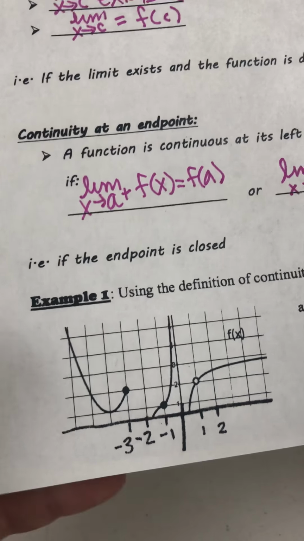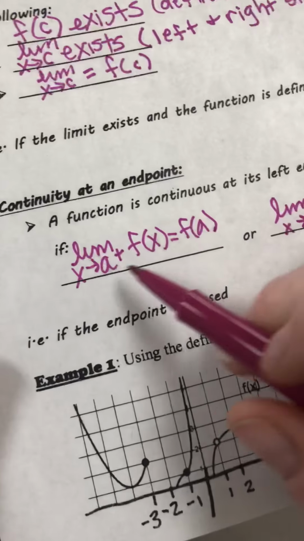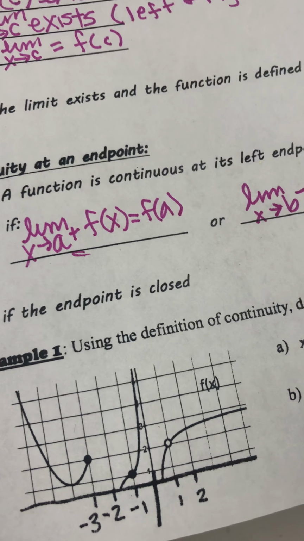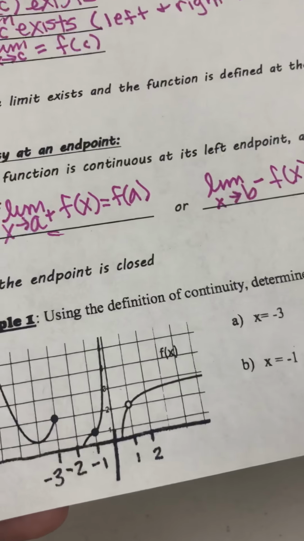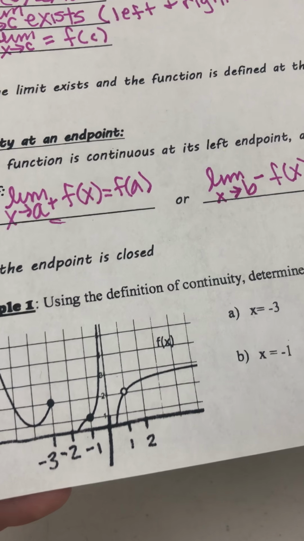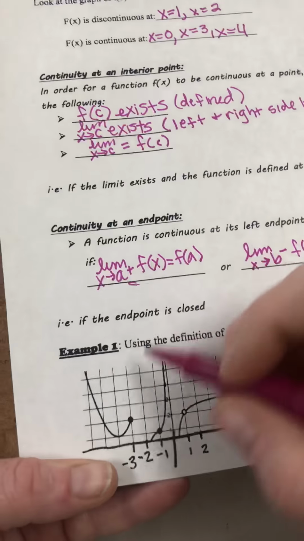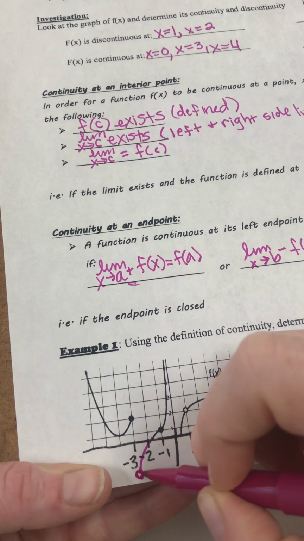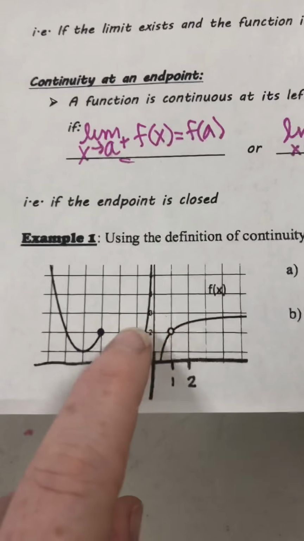So if we're looking at endpoints though, we've got to look at the sides. So if we look at -3, is your function continuous there? Well, if you look at the right, oh, this graph drops down and is cut off. Okay, so let's draw this graph down and draw an open point, because that bottom half cut off. Okay, so continue this second part here, continue this down.